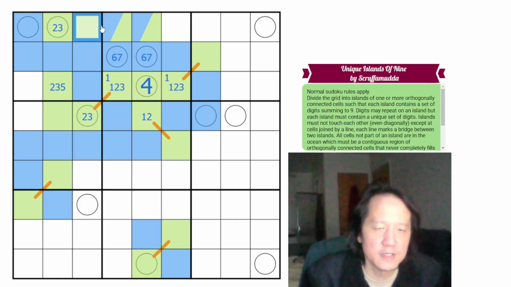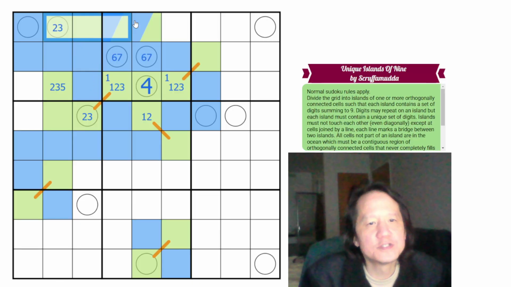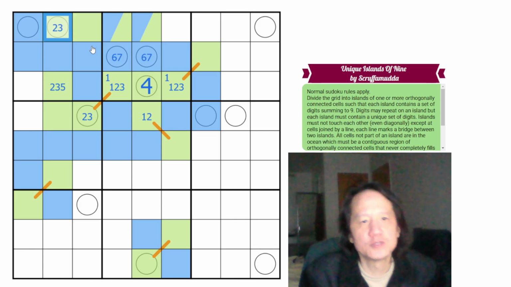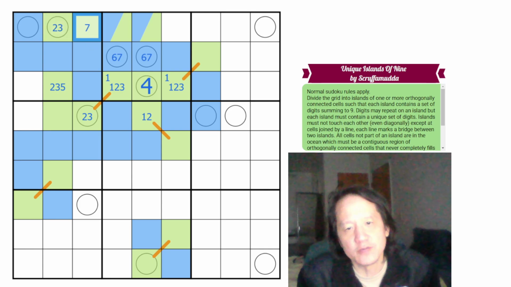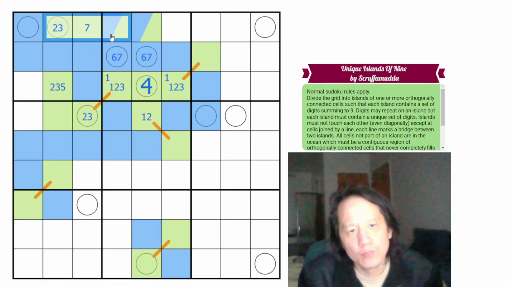If this is 2, obviously then this would be 2, and this would have to be 7. If this is 3 in a row, it could be this is 4 and this is 2, or this is 1 and this is 5.